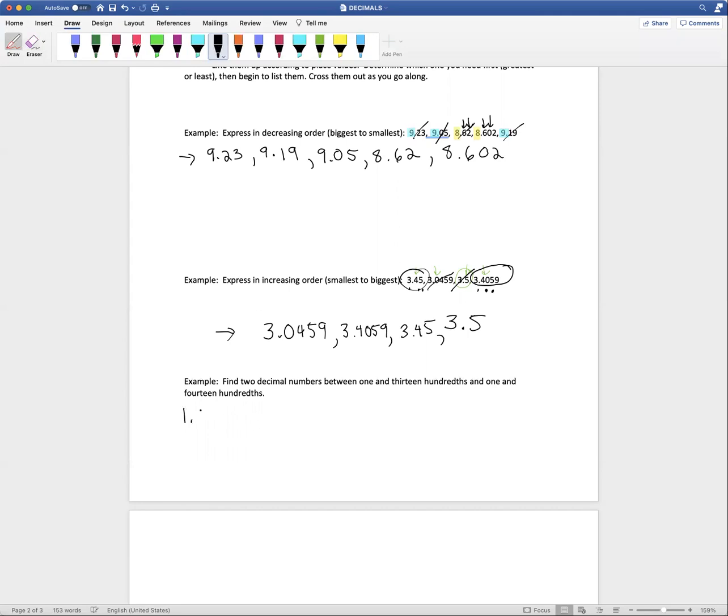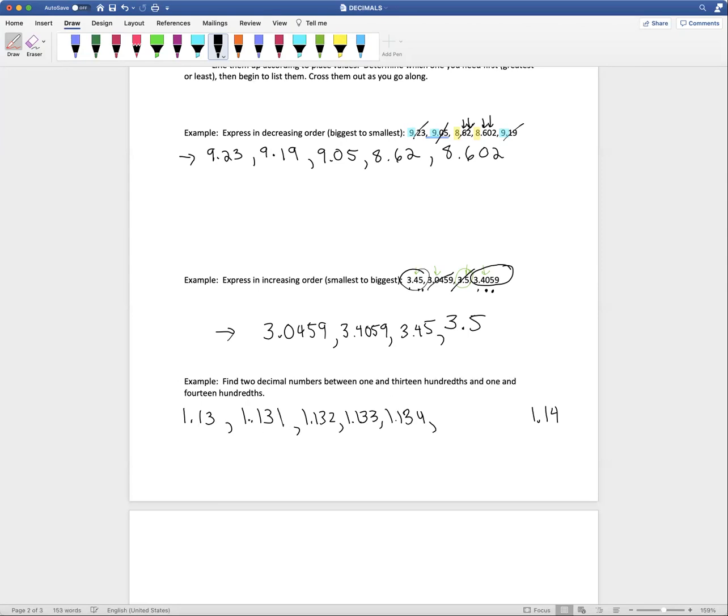Just want to give you a little bit more space so you can really picture what it is that's going on here. 1.13 and 1.14. One number that comes between those two is 1.131, right? There's a 1 after that. 1.132, 1.133, 1.134. So as long as these first 2 digits are the same, right?